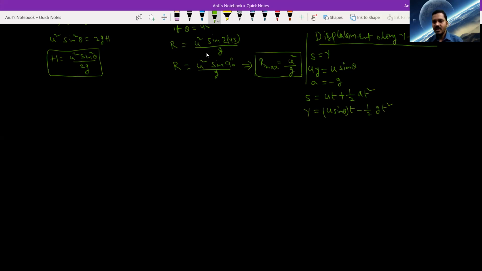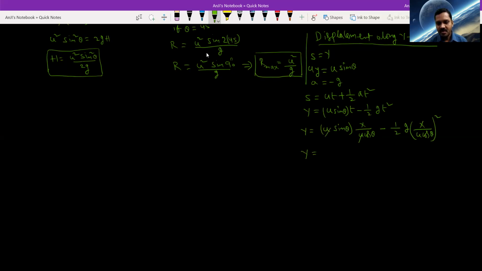But from equation 1 we already got the time t value. Substituting that t value in this equation, displacement y is equal to u sin theta into x by u cos theta minus half into g into x by u cos theta whole square. So here u gets cancelled.